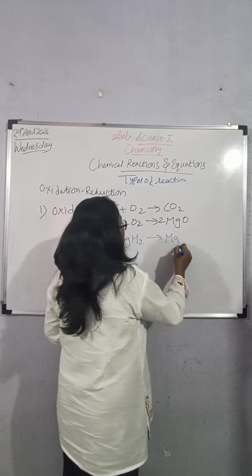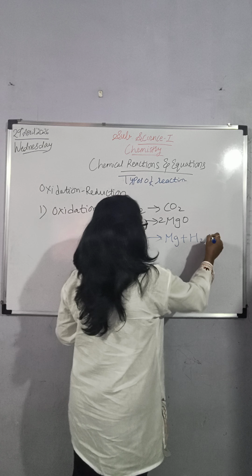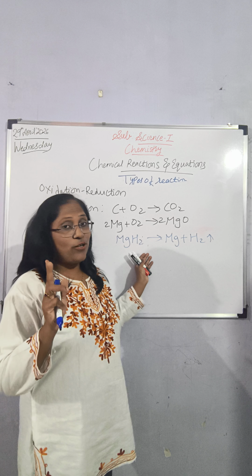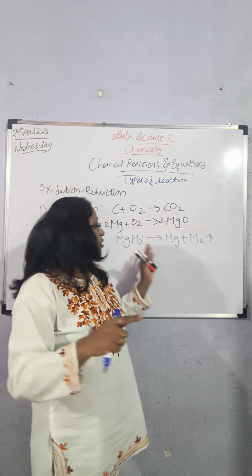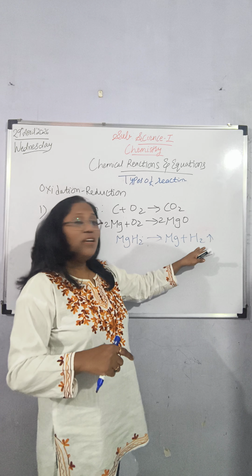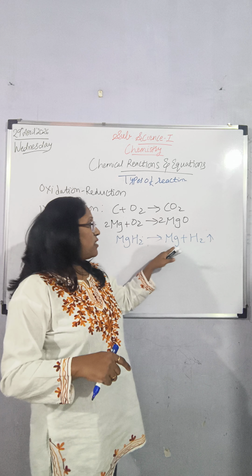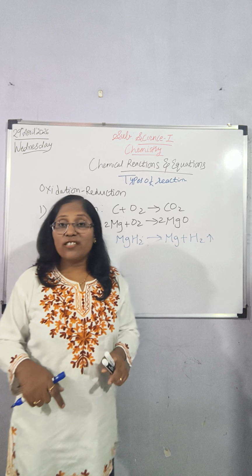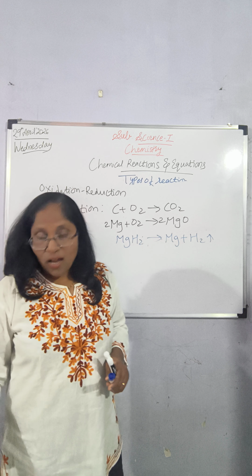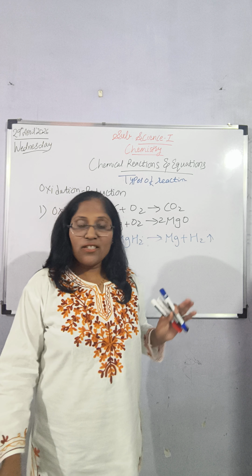Which type of reaction is this? The second definition I told you is removal of hydrogen. Here hydrogen is coming out, so this type of reaction is also an oxidation reaction.